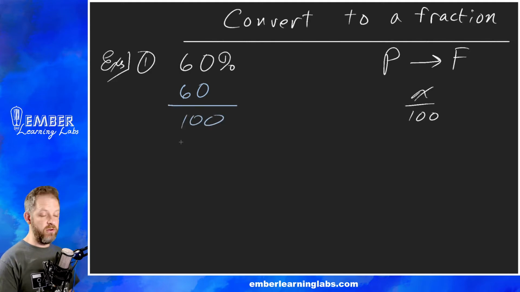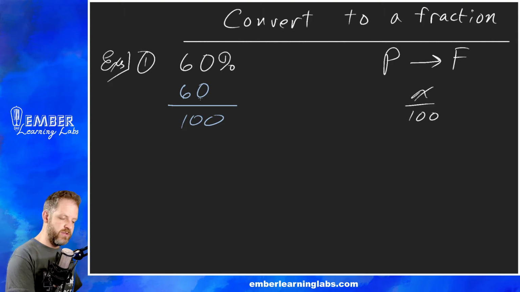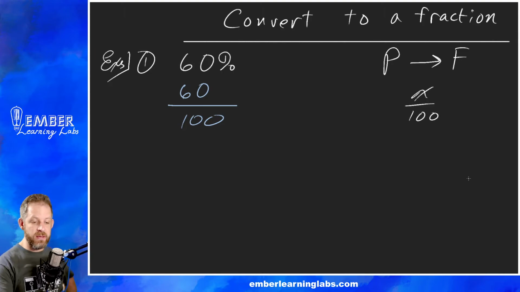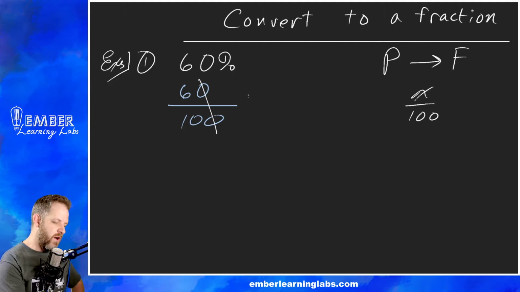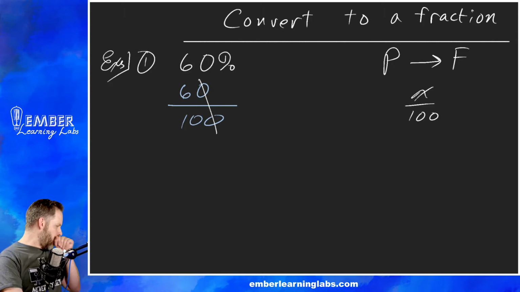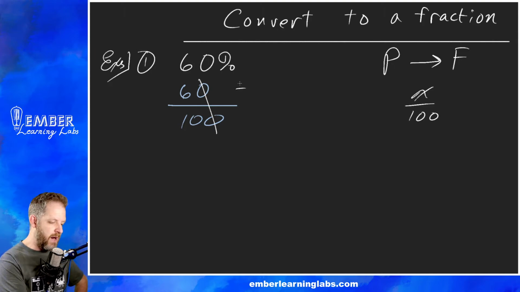Then, for that simplest form part, we need to reduce this. Since they both end in 0, we can start by canceling out a couple of the zeros, right? Then we've got 6 over 10, so we can divide the top and bottom by 2. And we end up with the reduced fraction 3/5.